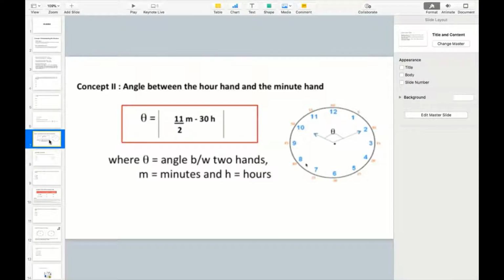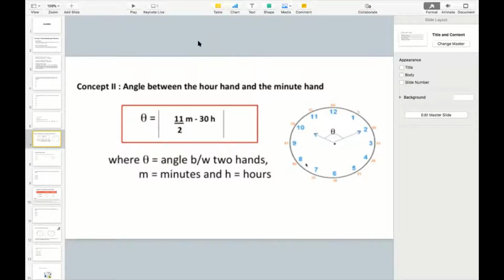So basically, we were using this formula to find the angle between the hour hand and the minute hand at some particular time. So basically, the time was already given to us. So we took the value of M and H from there, we put it in this formula, and we got the angle, right?